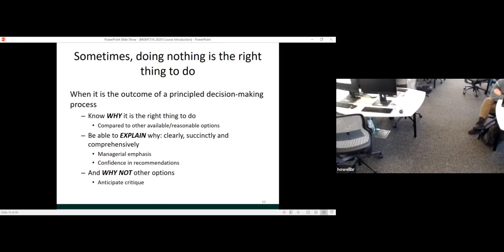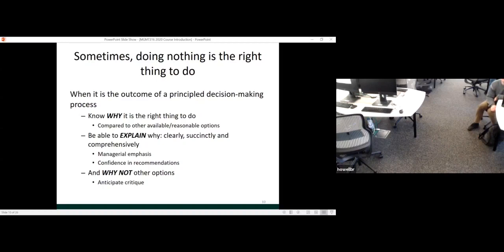And if you evaluate that against do nothing, and do nothing is the outcome of a principled decision-making process, then you know that doing nothing is the right thing to do. Doing nothing is not an abdication of decision-making responsibility, but a constructive decision in its own right. You will know why it's the right thing to do because you've gone through the process to evaluate it.